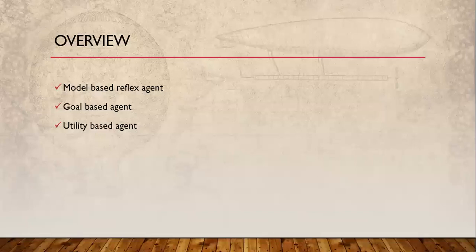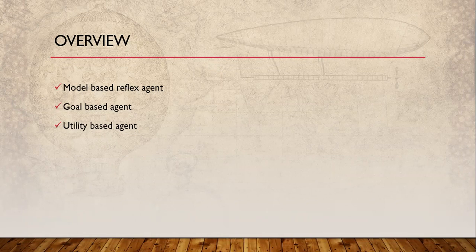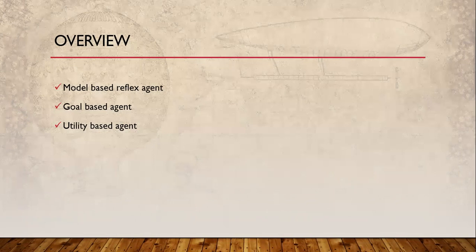Once that is done, it can be migrated to a model based agent, a goal based agent or a utility based agent, depending on the core functionality of that agent. Today we'll start with the first agent, and once we complete the three, we can have a quick comparative discussion on how all these four agents behave and what different approaches they take. So we'll start with the model based reflex agent.